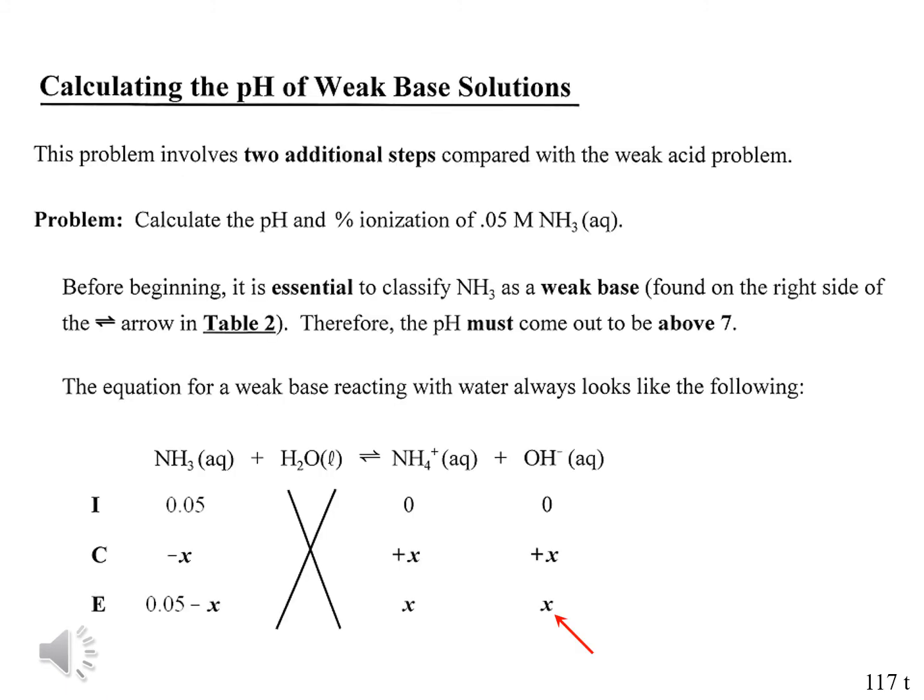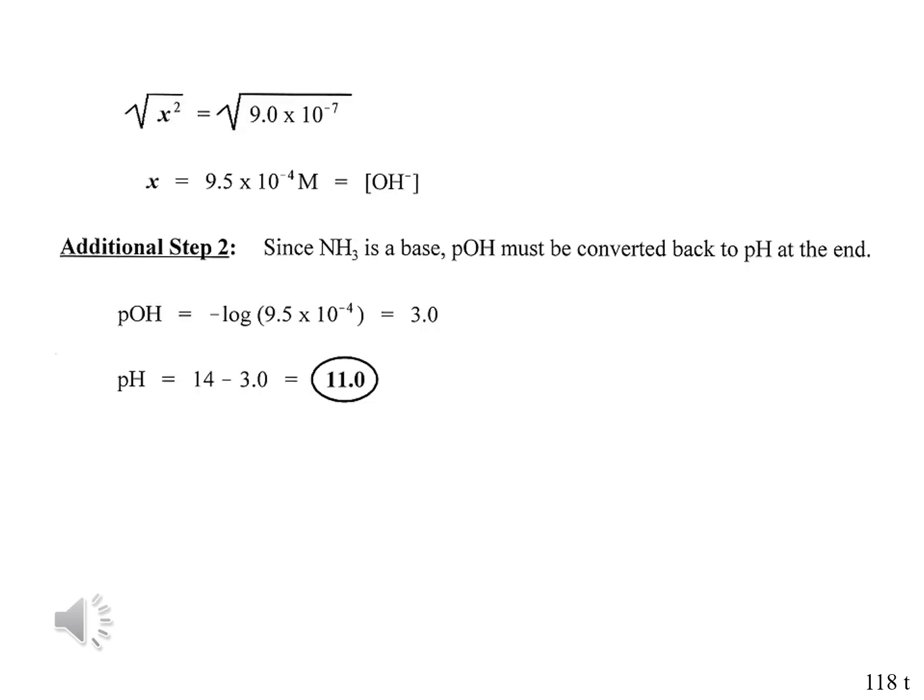So since x is OH, you're going to have to do an additional step above the acid problem. Since the x equals OH like it did in a strong base problem, when you take minus the log, you actually get the pOH, and so you also have to do the extra step of taking 14 minus that at the end in order to get the pH.